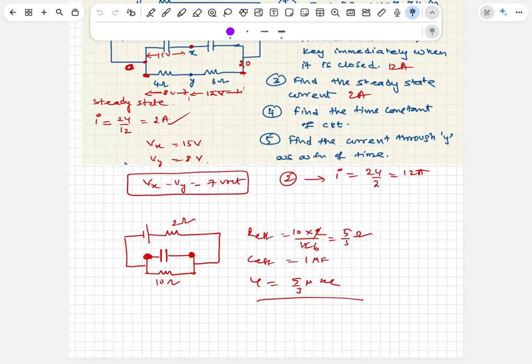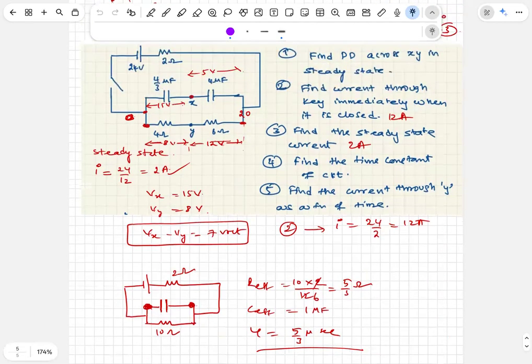C effective is 1 microfarad, already you told me that. Because 4 by 3 microfarad and 4 microfarad are in series combination. 1 by C is 1 by C1 plus 1 by C2, which is 3 by 4 plus 1 by 4, that is 4 by 4, 1. Right.